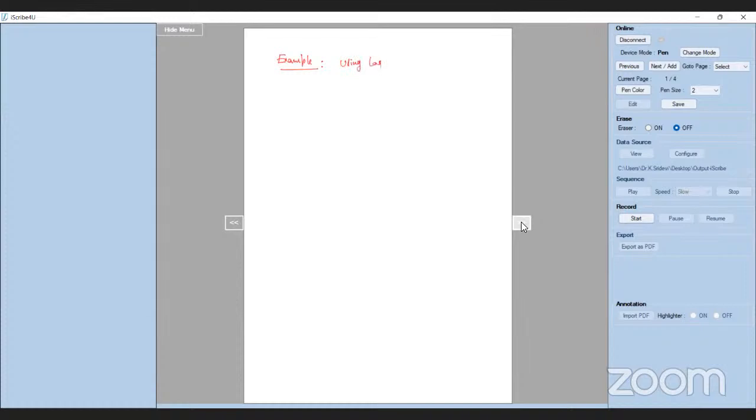Using Lagrange's interpolation formula, obtain the interpolation polynomial for the following data.